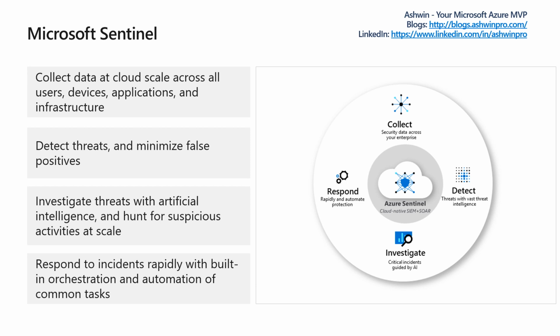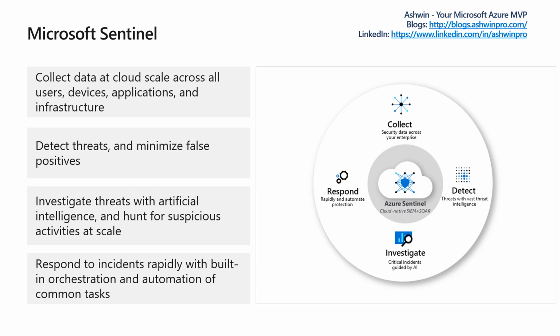First, it helps you to collect the data, and it can be data from your server, devices, application, and infrastructure. Once it has collected the data, basically the logs from these servers, it will be able to detect any threats and basically help you to minimize any false positives by using AI into the alerting options.